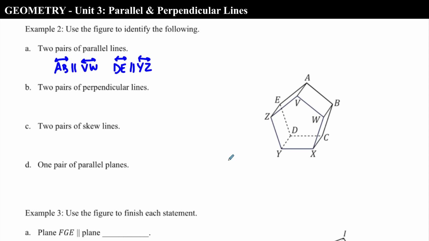Two pairs of perpendicular lines. We've got DY and YX right here on the bottom. And then BW and BC. BW here, BC here.